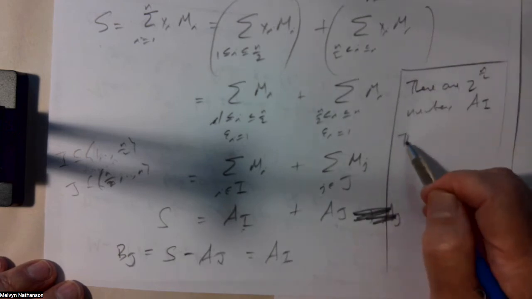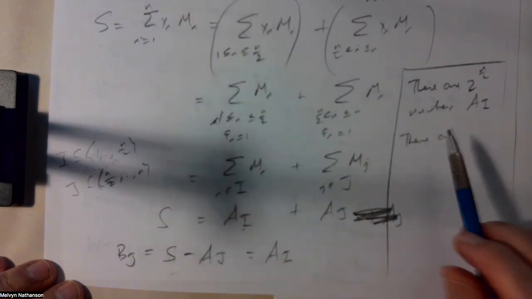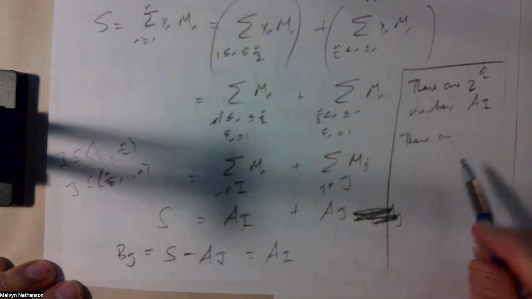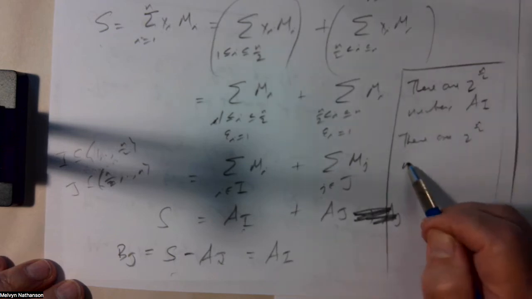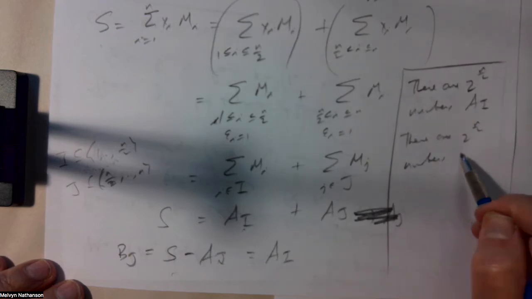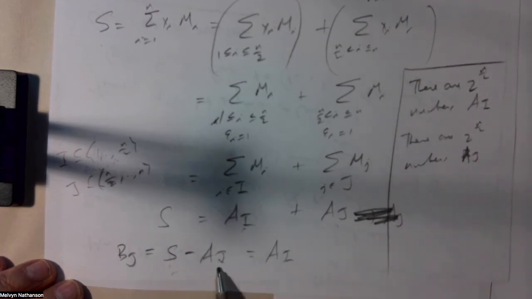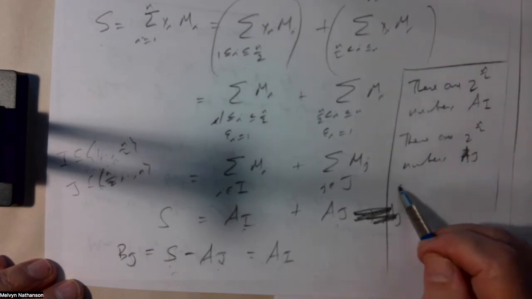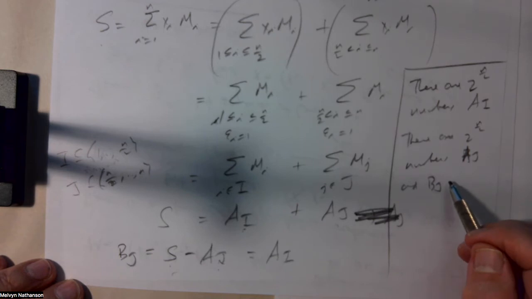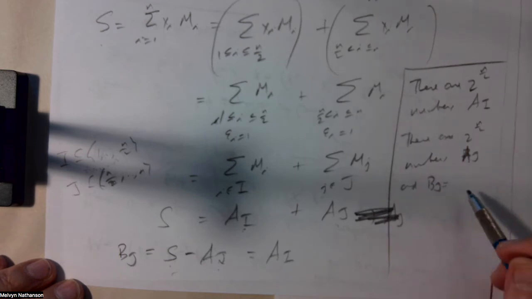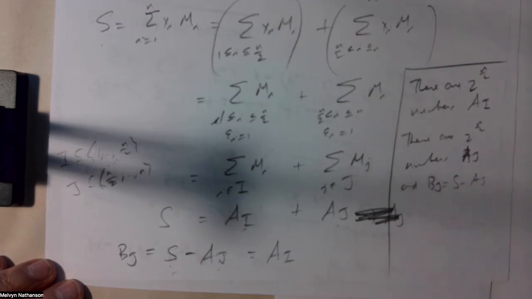Similarly, the number a_j comes from the second half of these n numbers, that is from a set of n over 2 numbers. So there are 2 to the n over 2 numbers a sub j, and S minus that, same number of numbers. And there are 2 to the n over 2 numbers b_j, which is S minus a_j.